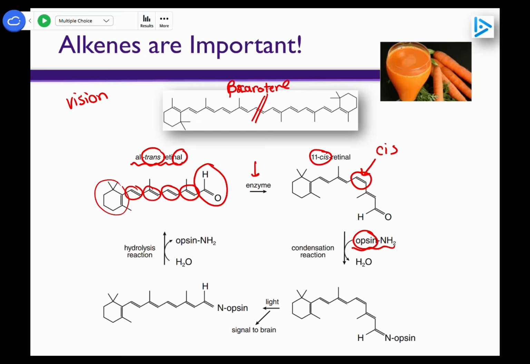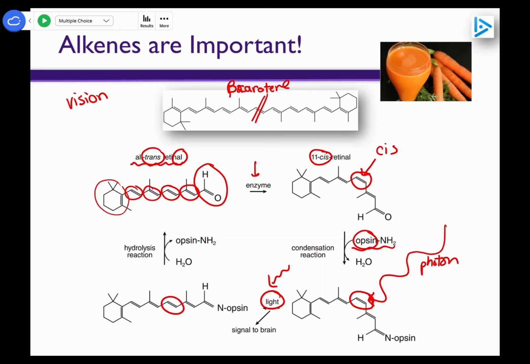And if light of just the right wavelength comes in, a photon, it has just the right energy to break that pi bond and cause another isomerization. So a new isomer is formed. It's a photoisomerization reaction because it's done by a photon, by light. And that cis bond reforms as a trans bond.